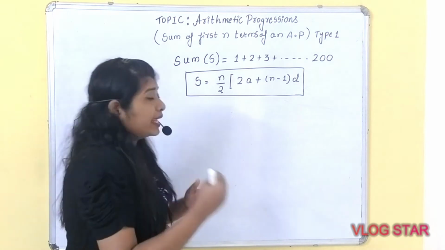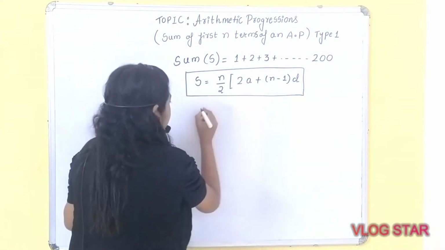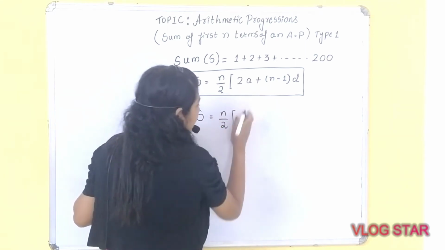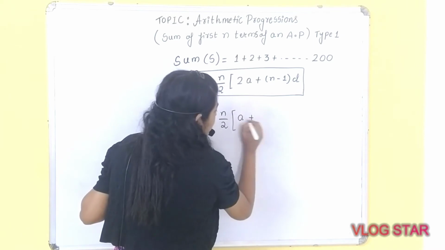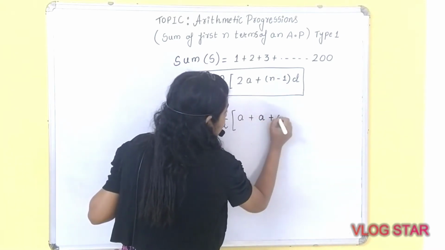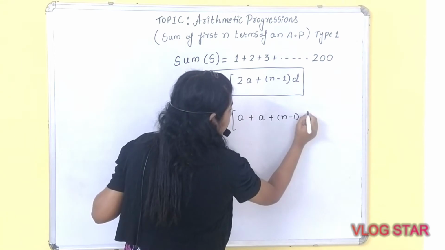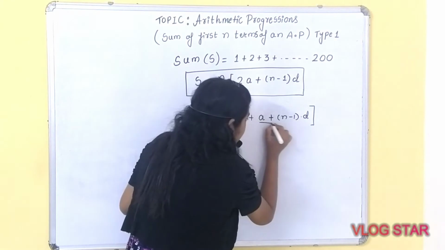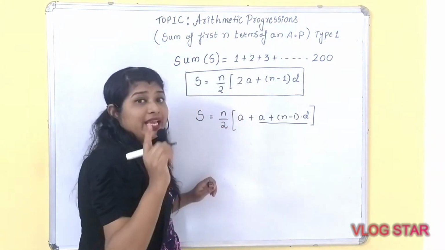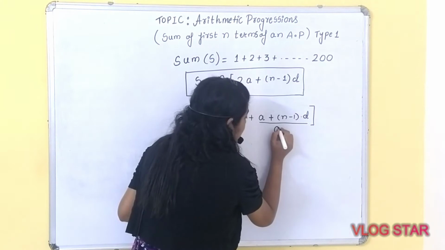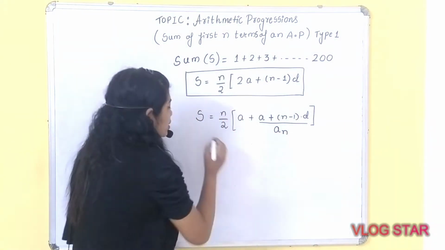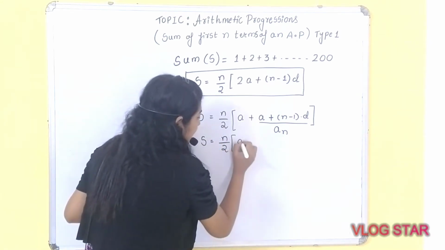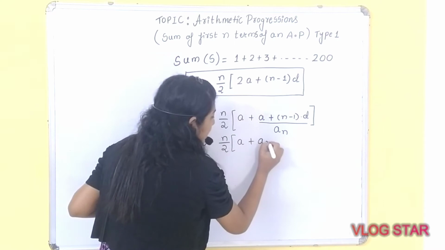The second method: can I write the given formula in this format? I'll take 2 common from 2a plus (n minus 1) into d. If you observe carefully, a plus (n minus 1) into d is nothing but the formula used to calculate the nth term. So this formula becomes n by 2 into (a plus an).